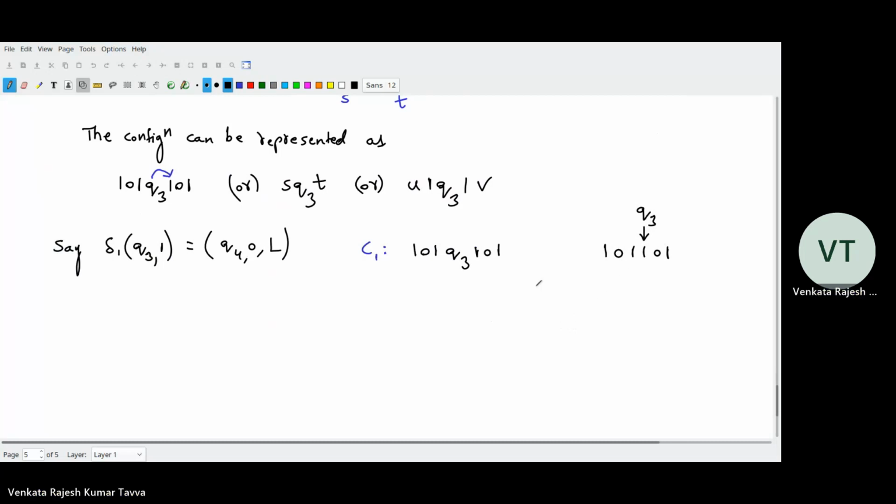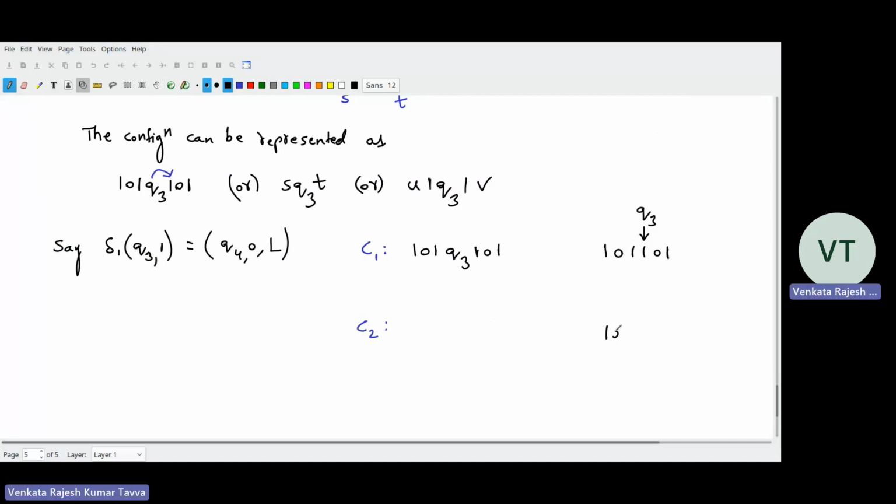Okay. Now I am modifying this as Q4 0 L, which means, so my second configuration will be, so it will be easier here to understand. So my read-write head is on this one. I will overwrite this one with a 0 and I will move one step left and I will update my state from Q3 to Q4. Okay.